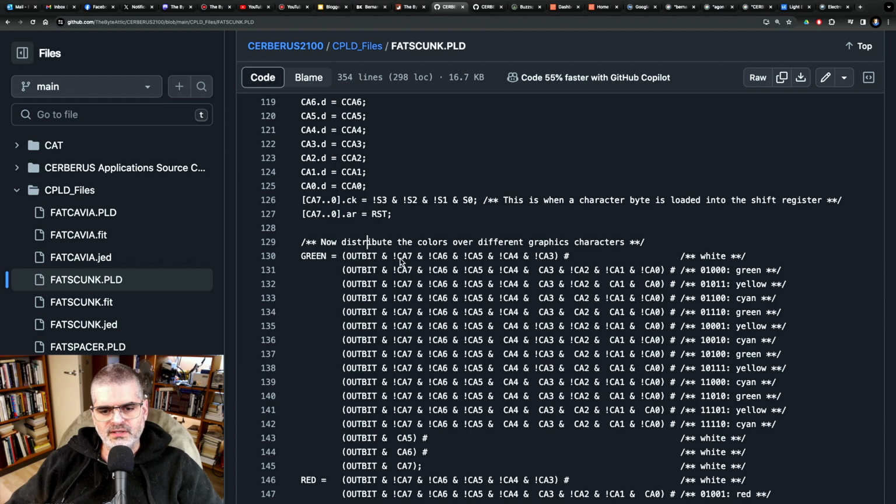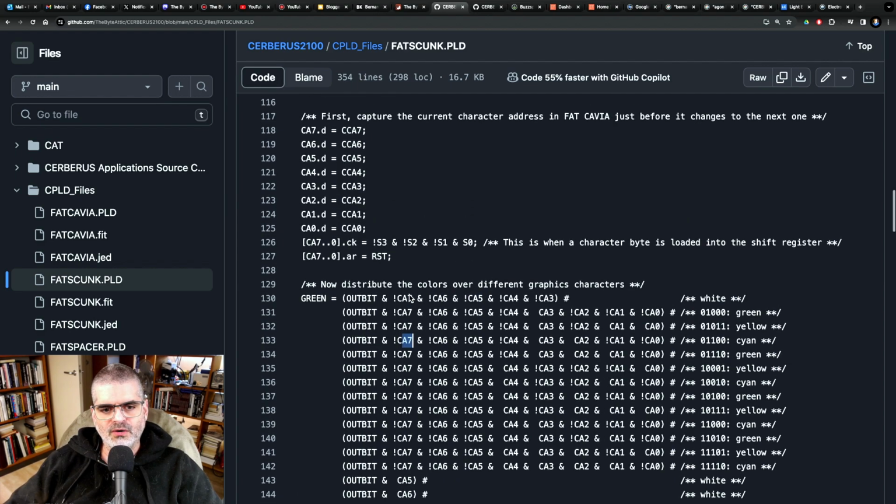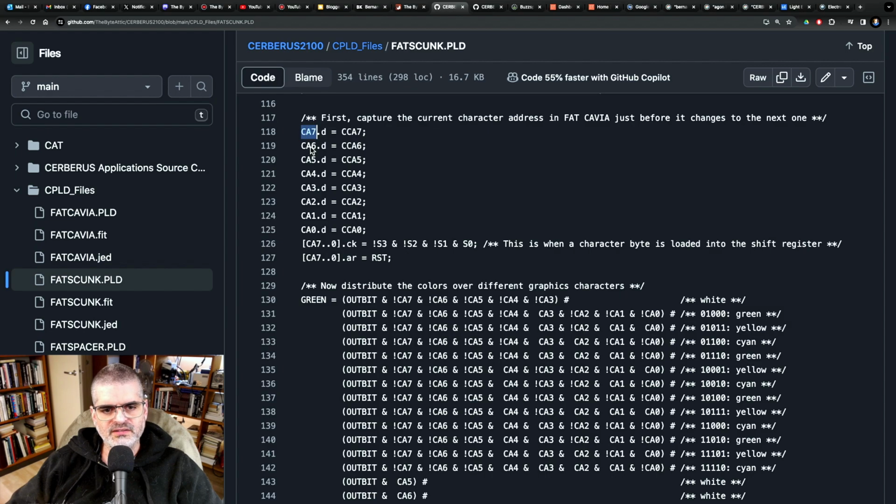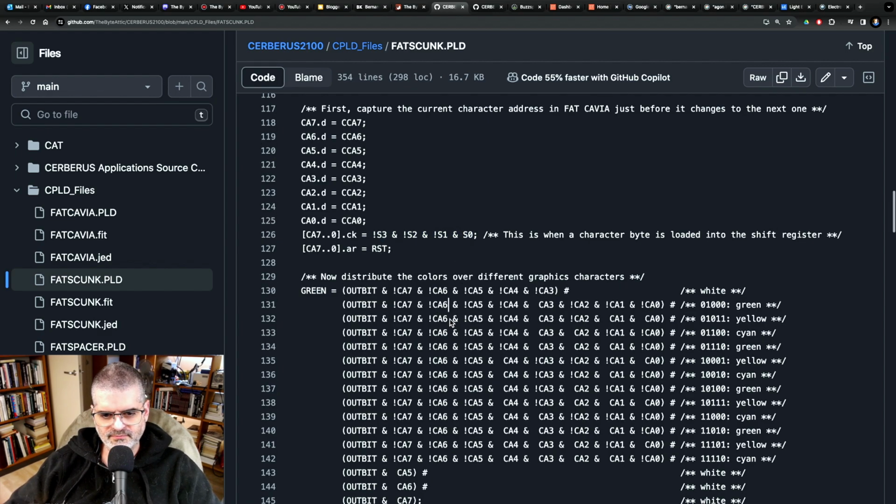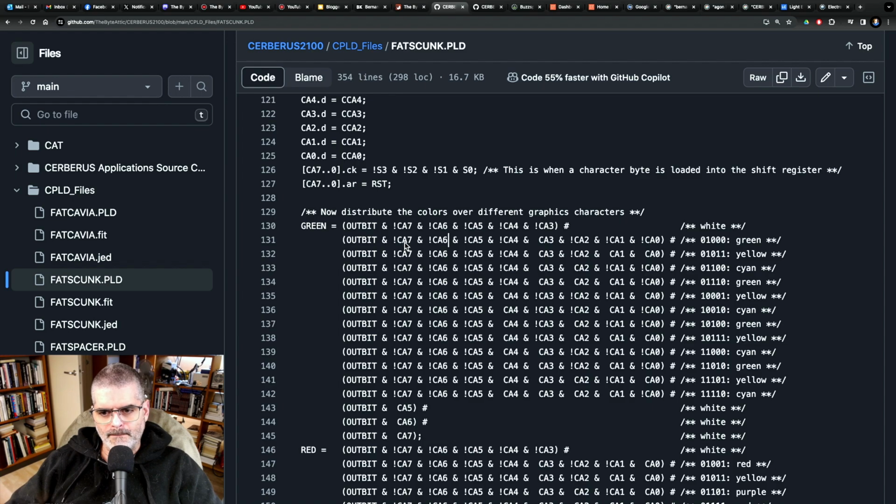Now we determine the color based on those latched values of the character code or the character address. So these equations are all based on these latched values here in the D flip-flops, which change only at this moment, which is when you latch a byte in the shift register as well. Now, the equations here are such that the out bit has to be 1.